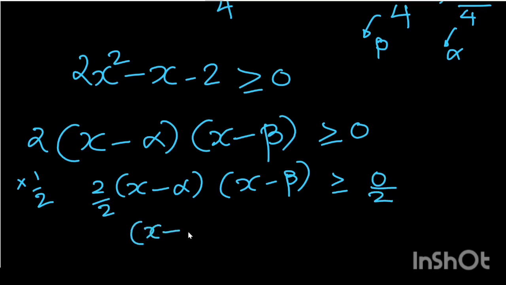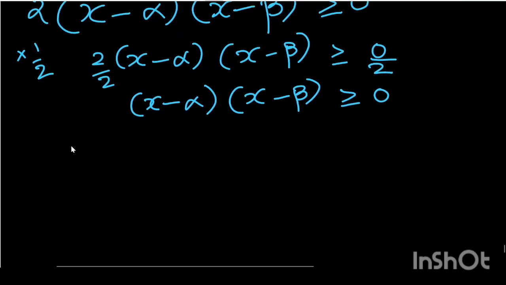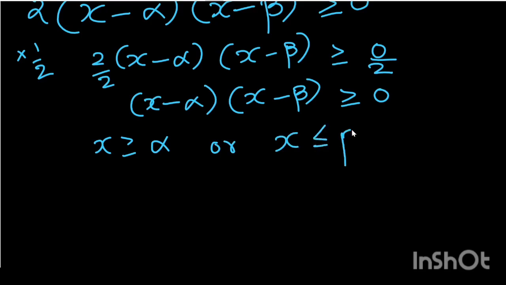So the multiplication of a positive constant doesn't matter. It becomes this only, (x minus alpha)(x minus beta) greater than or equal to 0. From the formula we know that x is greater than or equal to alpha or x is less than or equal to beta. So that is directly the answer we can write.